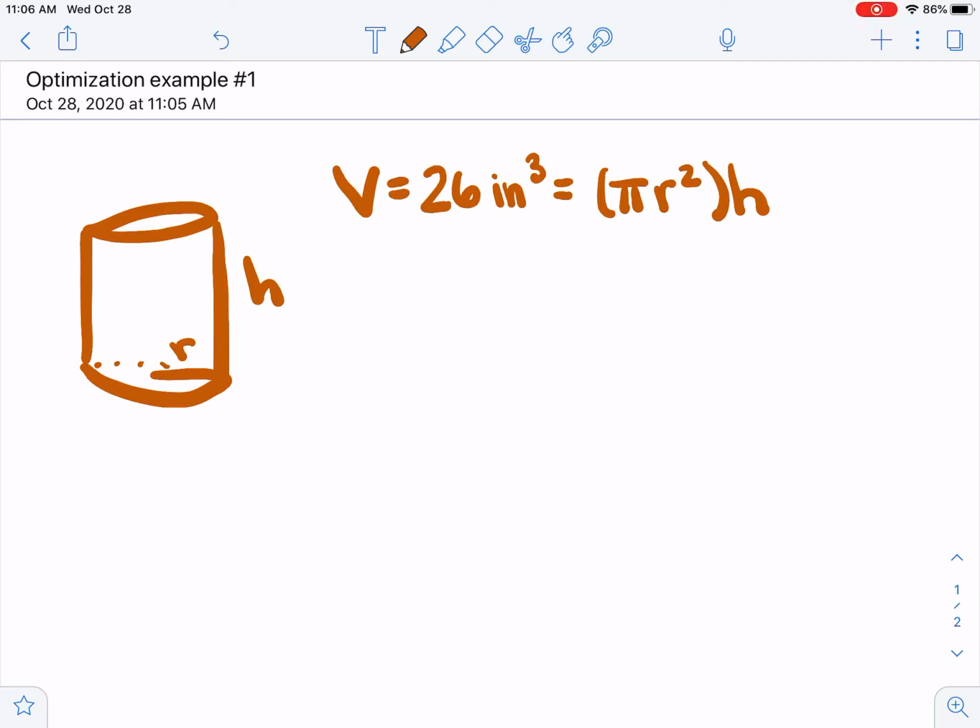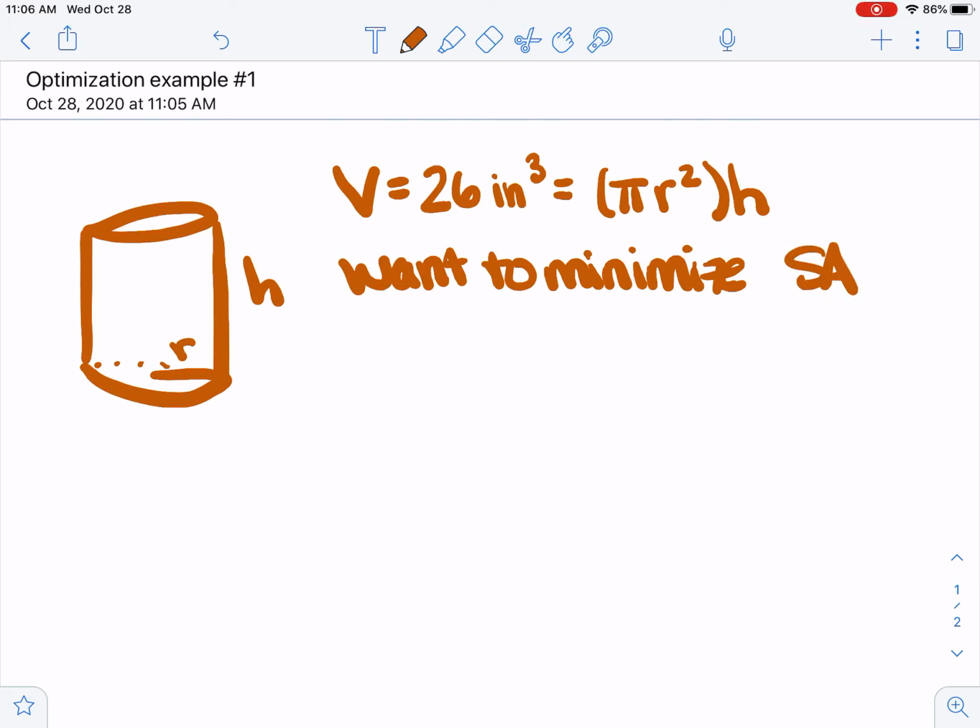We want to minimize the amount of aluminum needed to make this can. In other words, we want to minimize surface area. So the surface area of this thing, you can think of the top and the bottom, of course, 2 pi r squared.